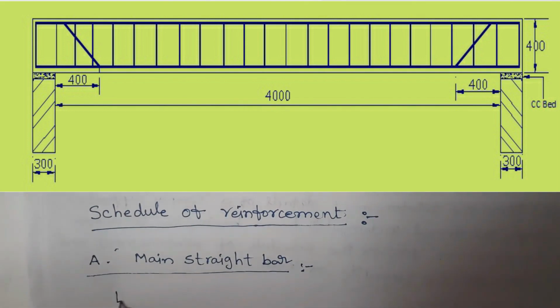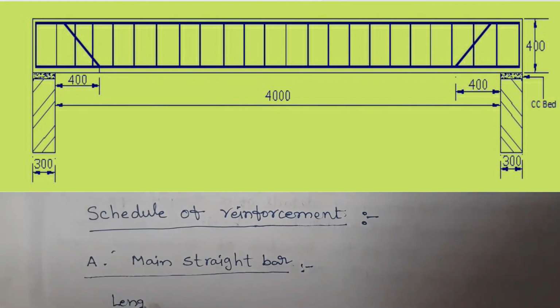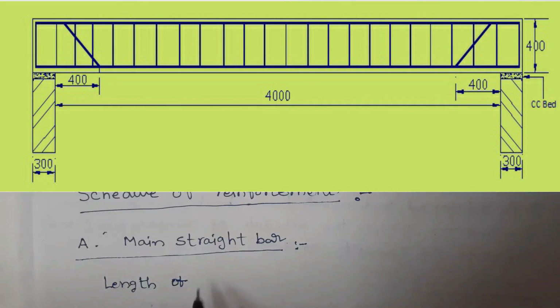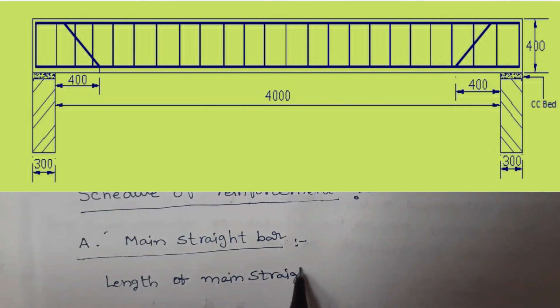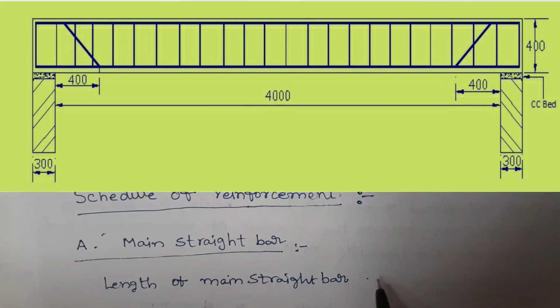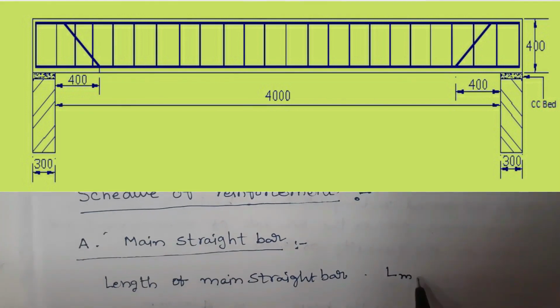Length of main straight bar is equal to, it is LMS.